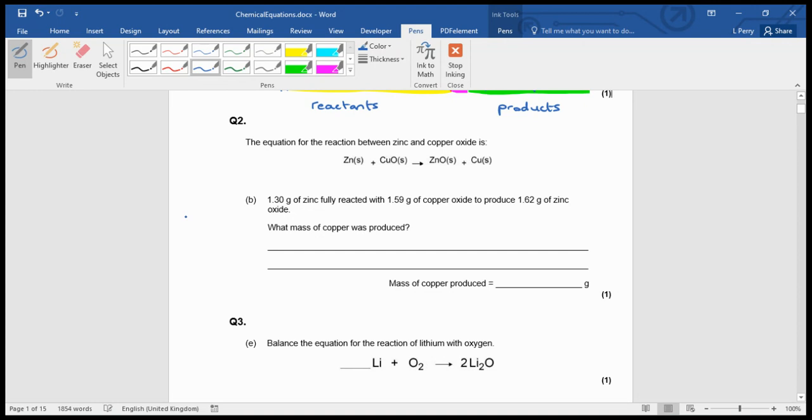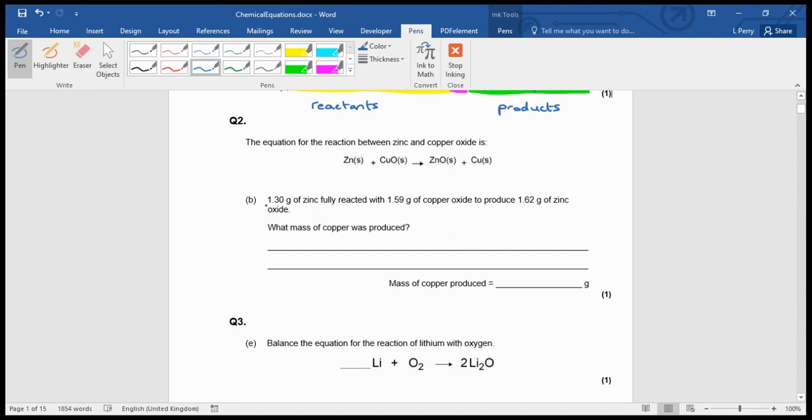Now, in this question, I'm not asked to complete a chemical equation. I'm asked to use one, and they've put it in symbols. So the equation for the reaction between zinc and copper oxide is, so there's the zinc, there's the copper oxide, they're my reactants, and I'm producing zinc oxide and copper. But it's not super important that I'm able to name those in this question.